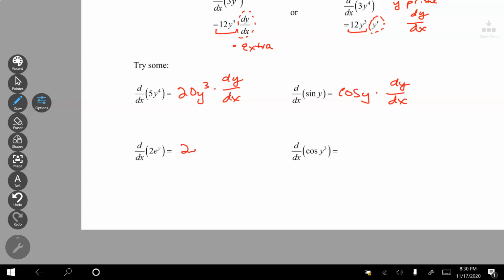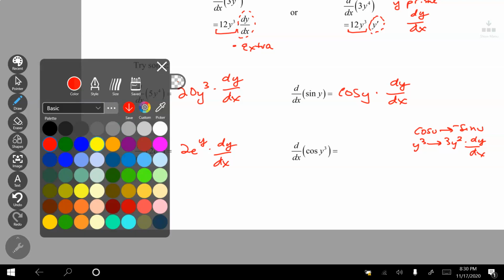This would be 2e to the y times dy over dx. And this is a chain, so the outside function is cosine of u, and the derivative is negative sine of u. And then I have y cubed, and this derivative is 3y squared times dy over dx.